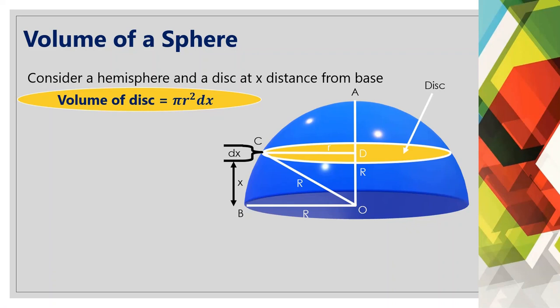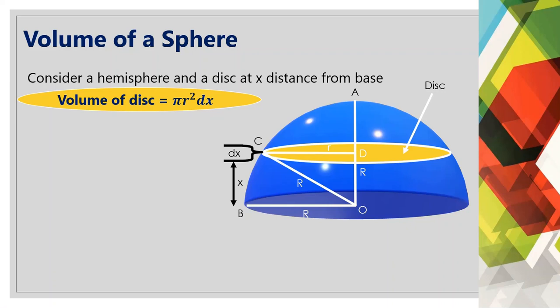Each of the disks will have a very small height dx, such that each disk appears to be of the shape of a cylinder. The volume of the disk is equivalent to the volume of the cylinder with height dx and radius r. Triangle COD is right angled.